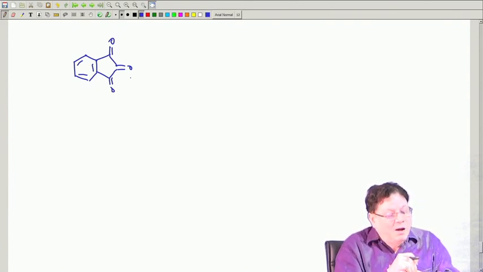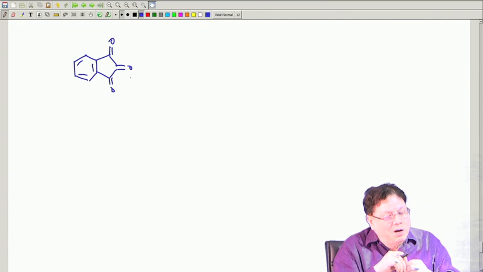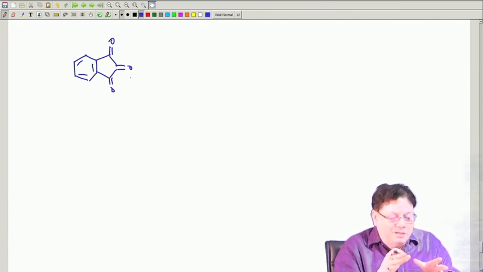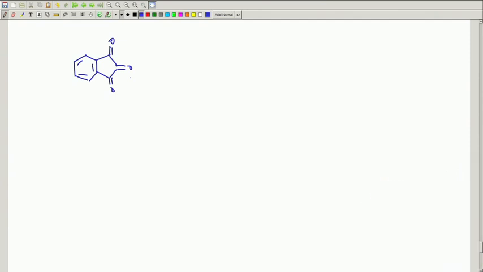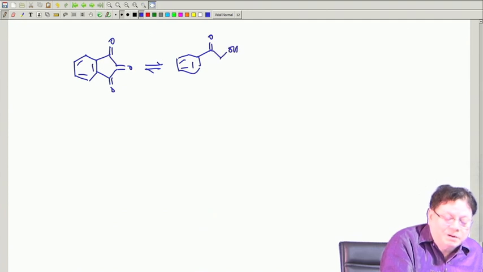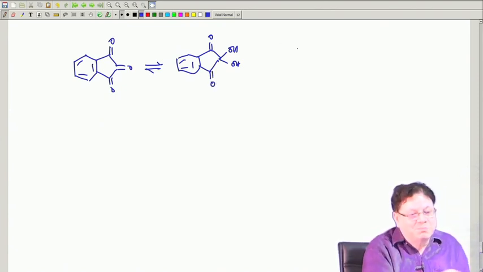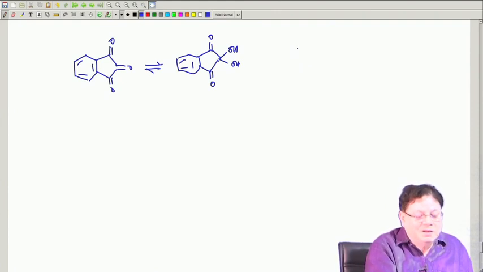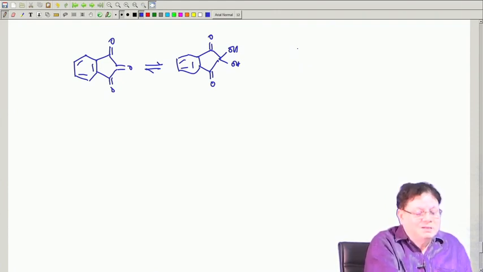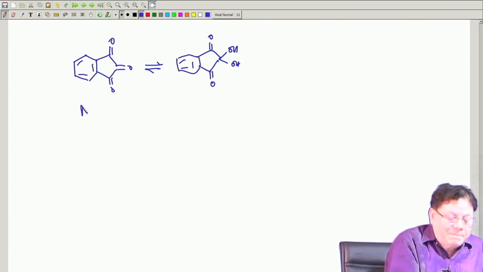However, from organic chemistry point of view, we know that if a carbonyl is flanked between two electron withdrawing groups, then it can exist as a geminal diol form like chloral hydrate. There are several examples like this. So, they are in equilibrium, the diol as well as this, the ninhydrin.